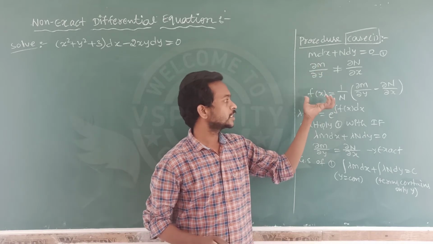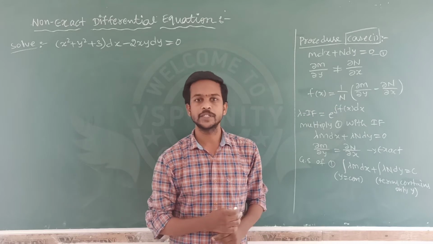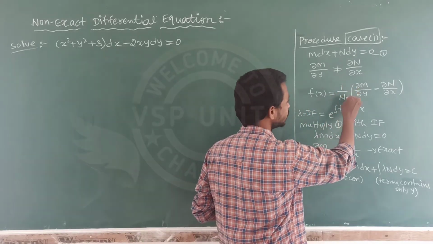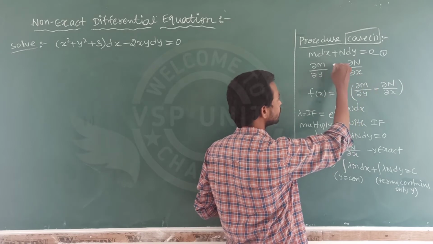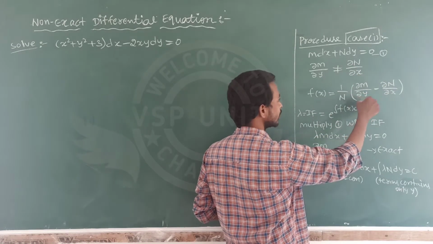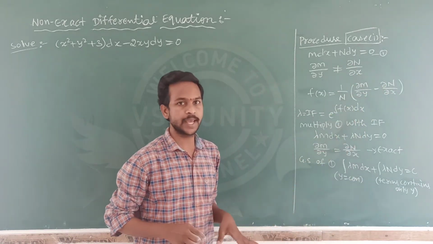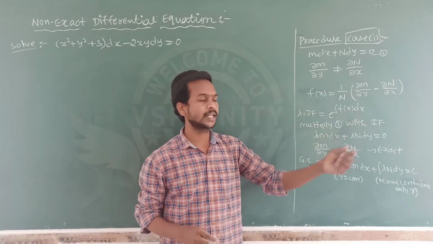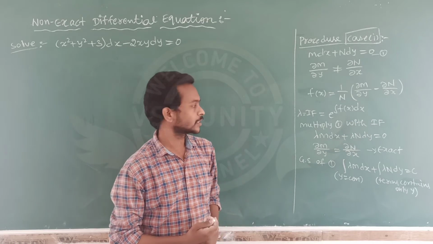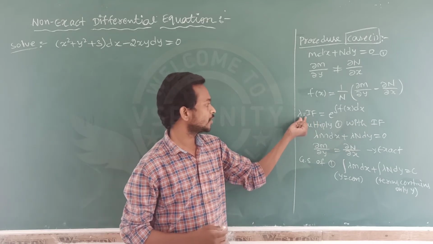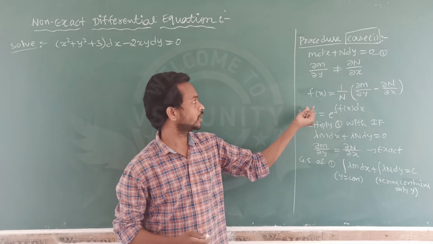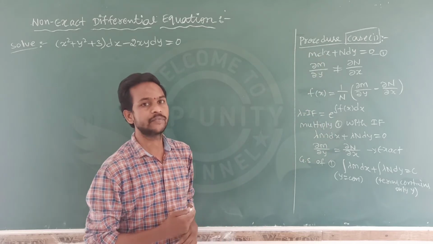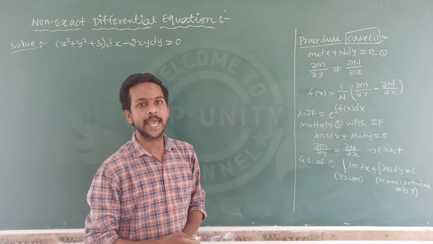In the first case, it is in the form of f of x, so I found here f of x equal to 1 by N into (∂M/∂y minus ∂N/∂x). Then you will get all the functions in terms of x. Then you have to find the integrating factor, that is e power of integral f of x dx. After finding this integrating factor, we multiply it with the given differential equation. Then the given differential equation will become an exact form.